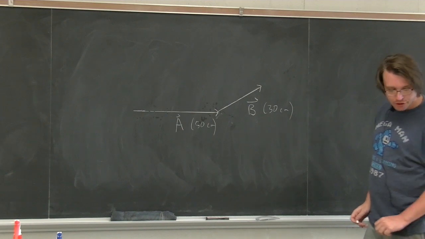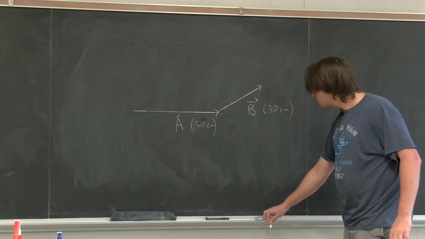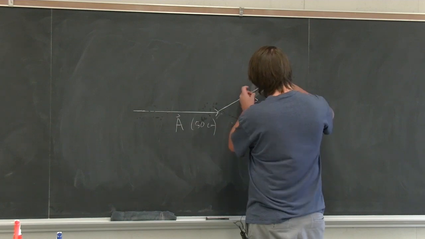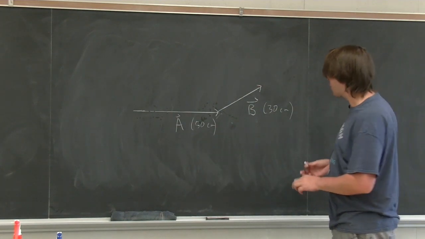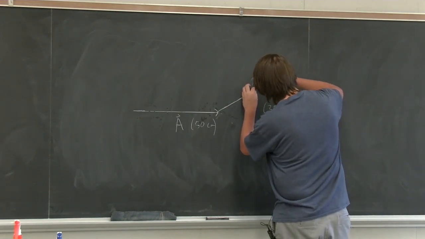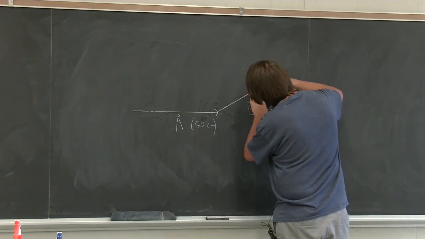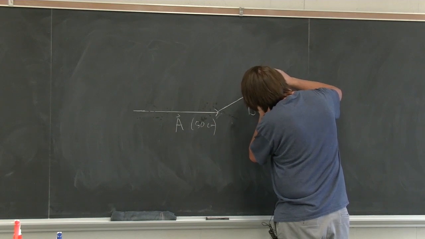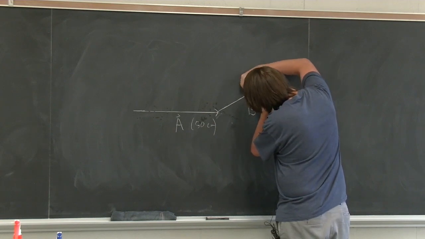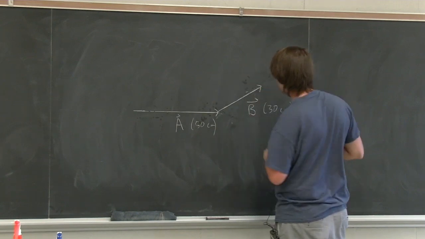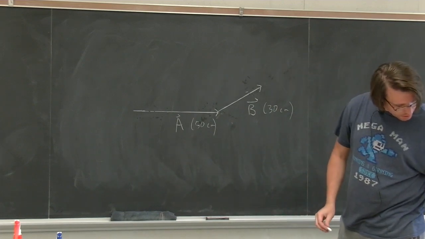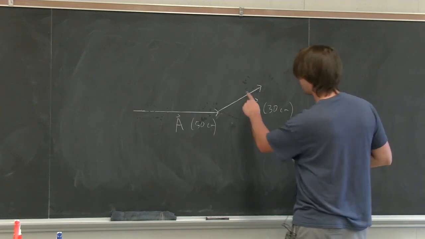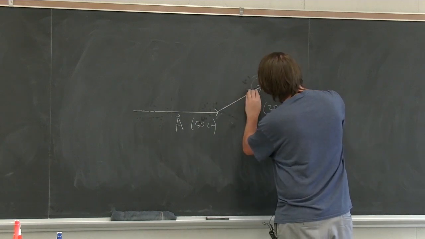And let's make the last one at an angle of, let's say, 110 degrees to A, so that'll be 80 more degrees to B. Oh wait, sorry, I did too many degrees there. 80 is over here.